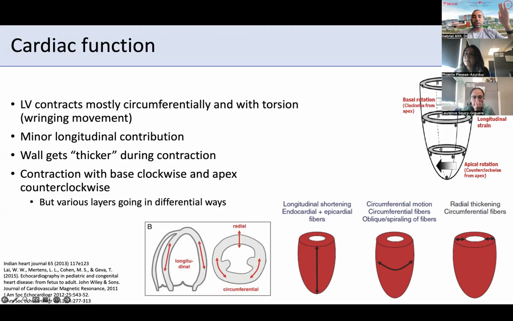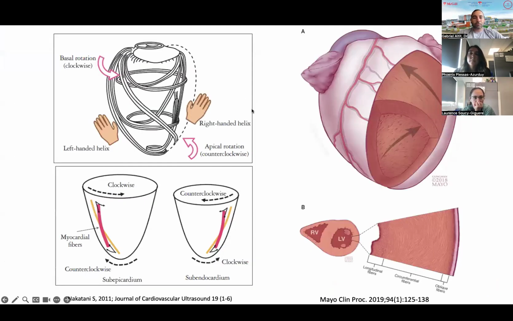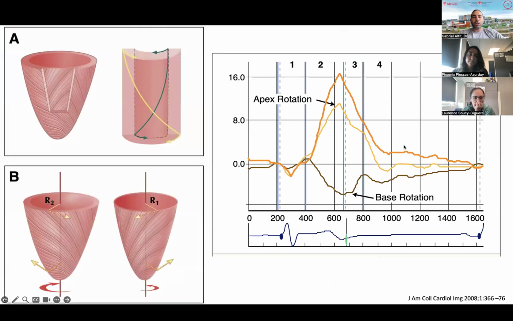But all the layers of the muscle are actually rotating in different planes. It's different fibers rotating around each other, creating this powerful contraction that eventually generates forward blood flow. You can see here how the subepicardium and the subendocardium are not rotating in a similar fashion. These properties of maturity become more and more present as these patients mature.